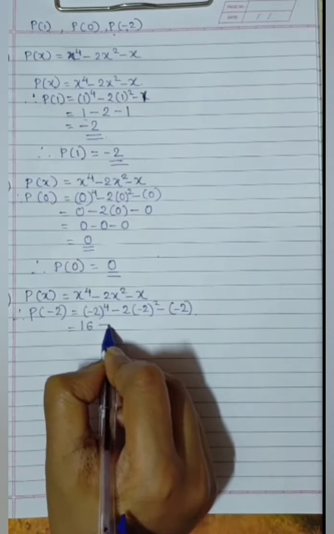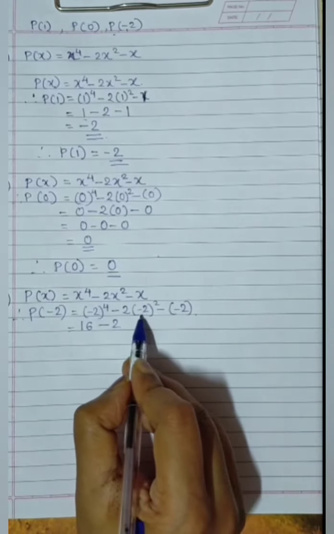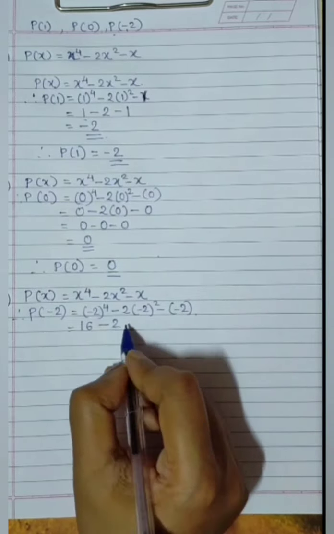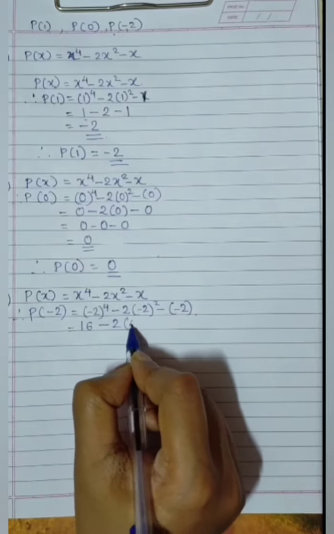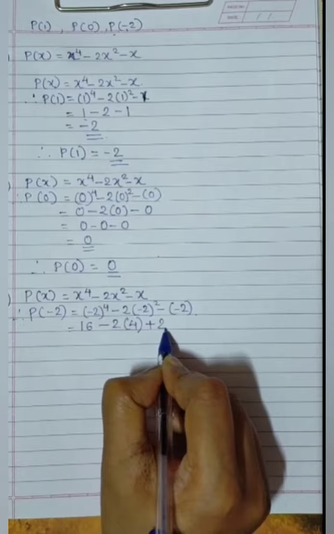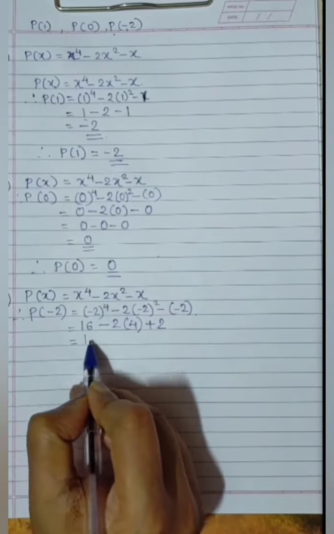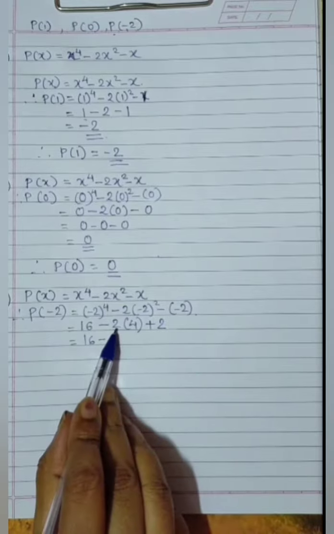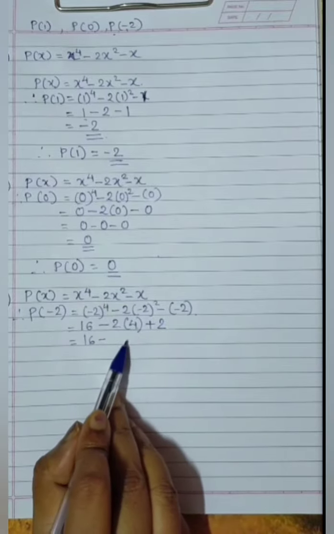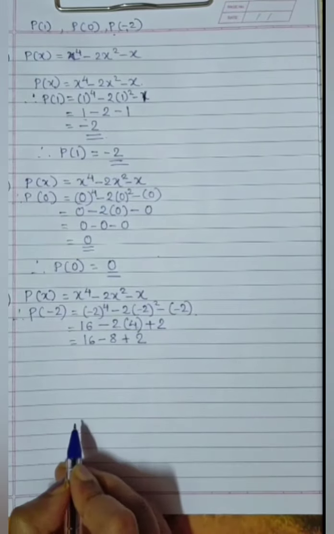Again here minus, 2 times (-2) squared, minus minus will become plus, and 2 squared is 4, so 8. Now again minus minus plus, and 2 will come here. Again here 16 minus 8, plus 2.